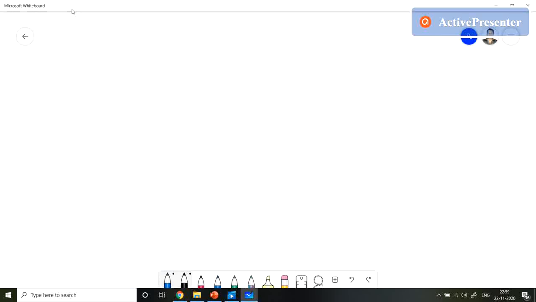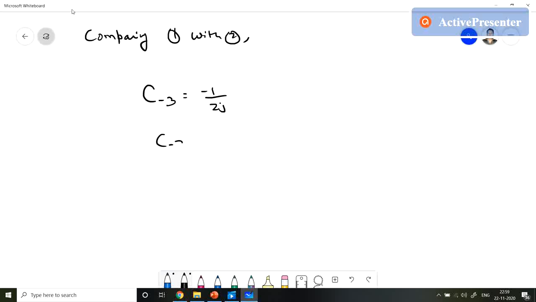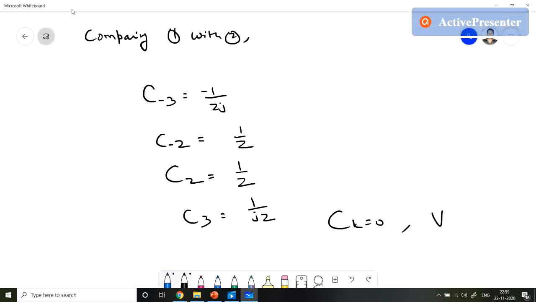So what we are getting, comparing 1 with 2, we get the Fourier series coefficients: c minus 3 is equal to minus 1 divided by 2j, c minus 2 is equal to 1 divided by 2, c2 is equal to 1 divided by 2, c3 is equal to 1 divided by 2j, and c_k is equal to 0 for all other values of k.